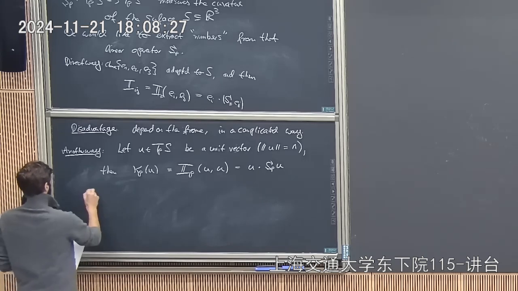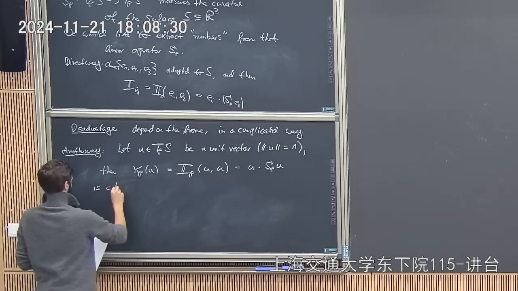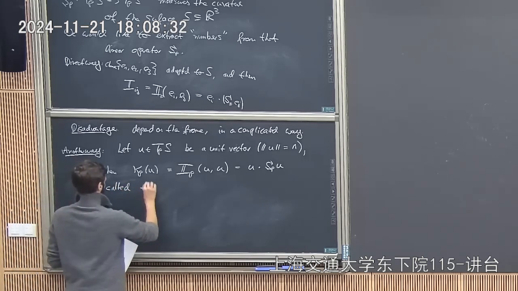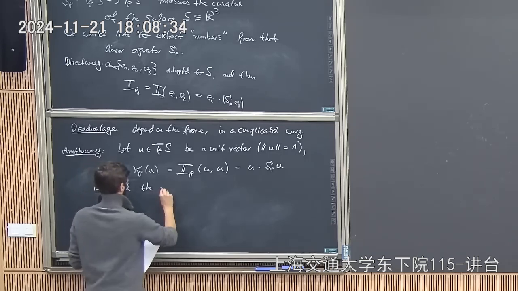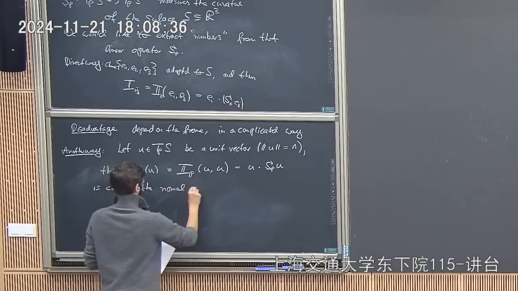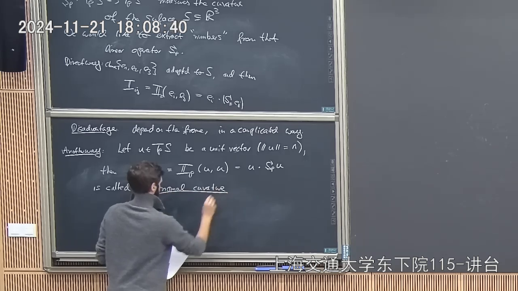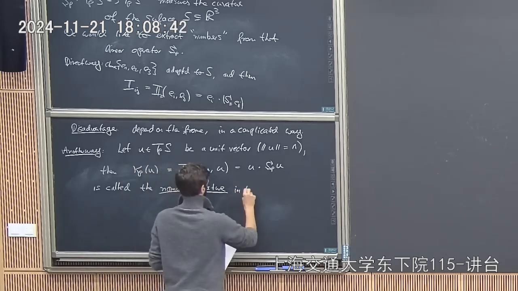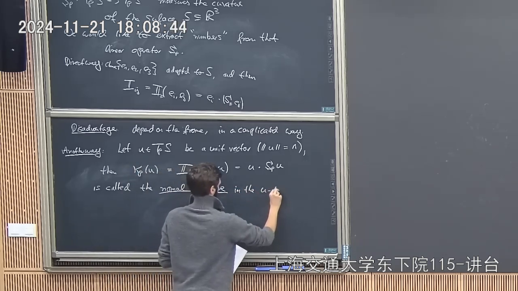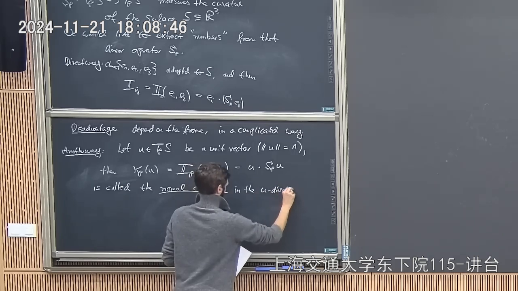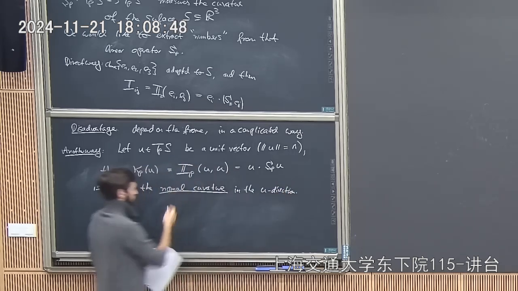And that's called the normal curvature in the u direction at the point P, of course.